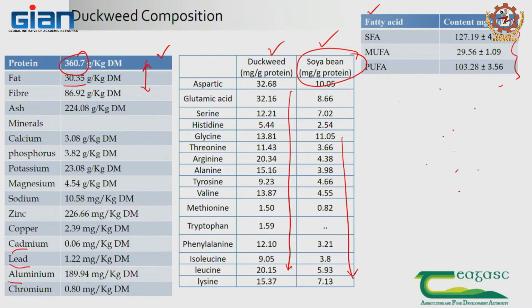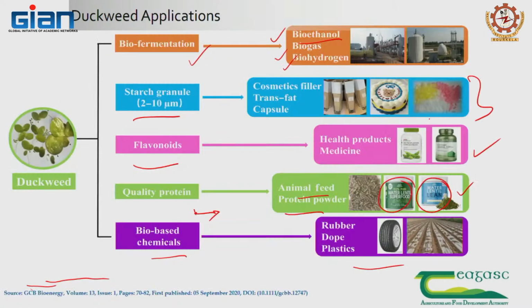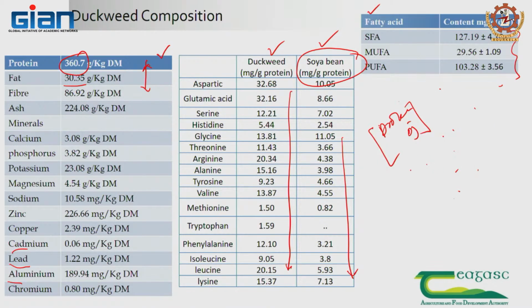So, that is the way you can get all the different types of protein, water soluble, acid soluble, alkali soluble, depending upon your application. If you are making a beverage, if you want to add protein to orange juice, you can only add that much protein which is soluble at that particular pH.